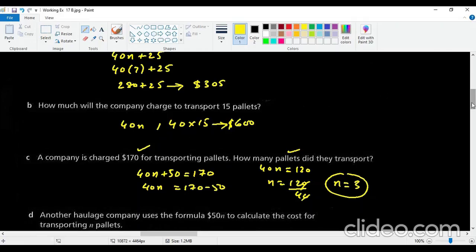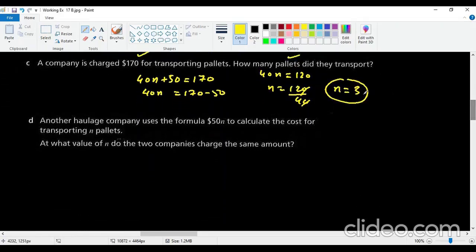Now comes another hauling company that uses the formula 50n to calculate the cost for transporting n number of pallets. At what value of n do the two companies charge the same amount? So let's see. I'm trying to use this 40n plus 50, which is the basic, and for the other company, which is using 50n.